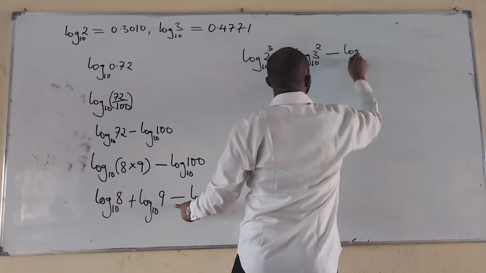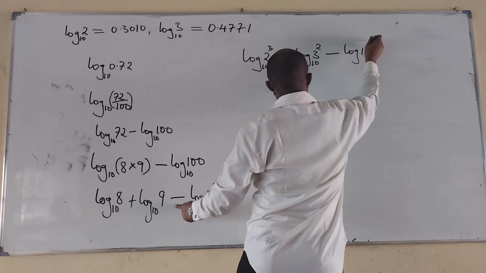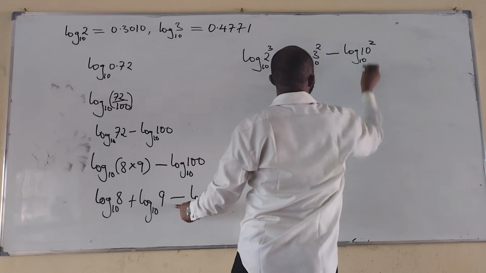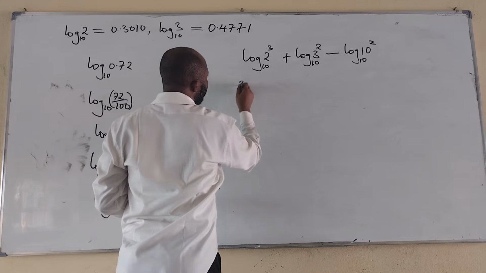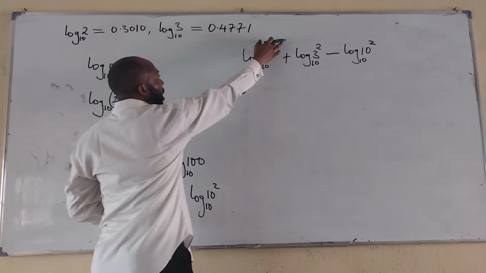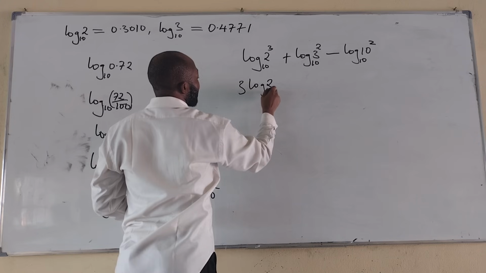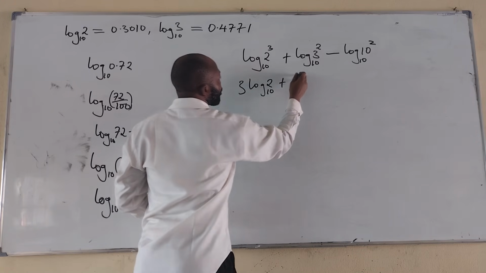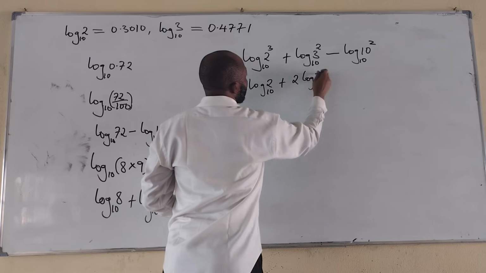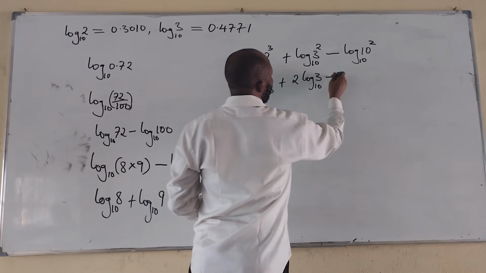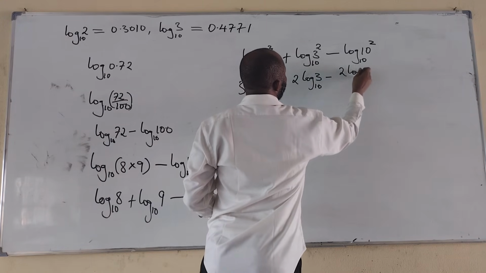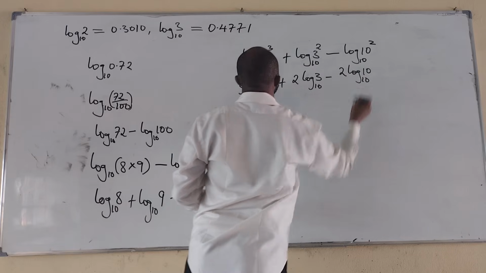Minus log 10 raised to the power 2 in base 10. So here I have 3. The 3 multiplies the power, multiplies the log. 3 log 2 in base 10 plus 2 log 3 in base 10 minus 2 log 10 in base 10.